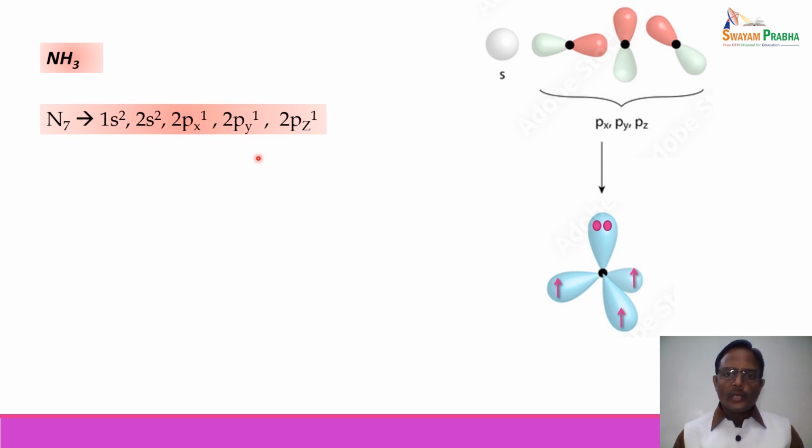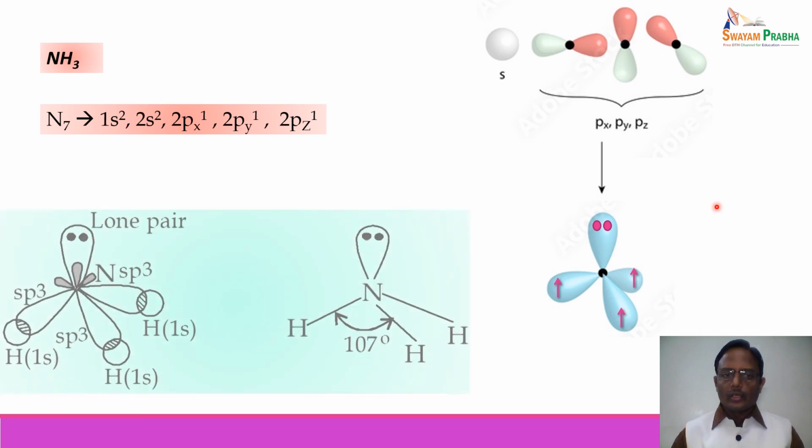So one of the orbitals will get a lone pair of electrons. Such an orbital is called the orbital containing a lone pair of electrons, and it is not capable of forming a bond because there is no unpaired electron.